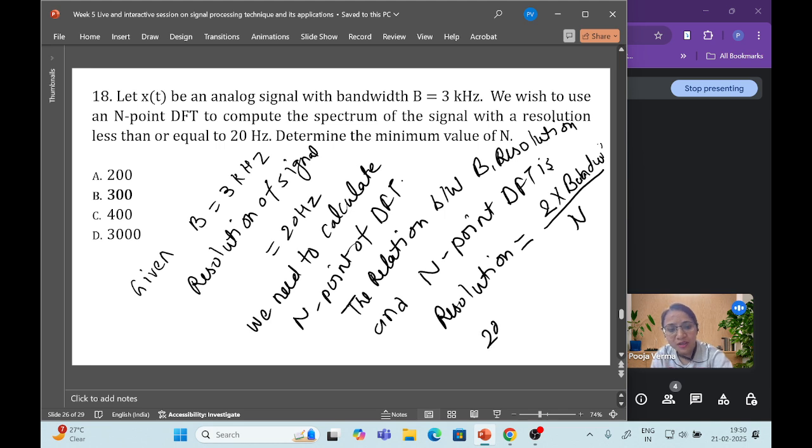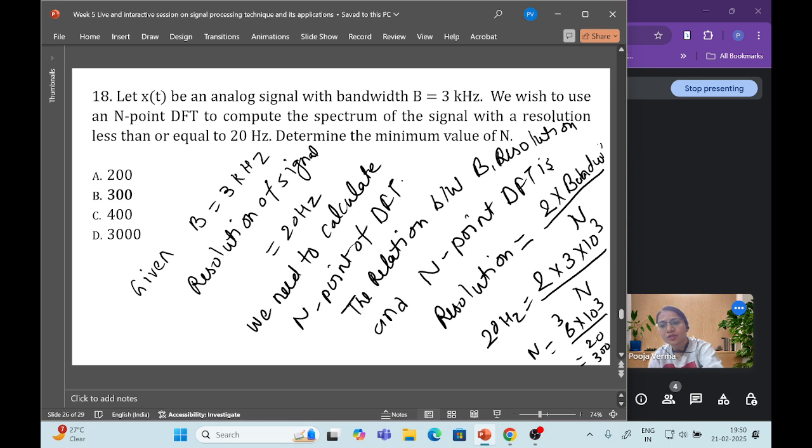So resolution is given as 20 hertz and bandwidth is 2 into 3 kilohertz, so 10 to the power 3, in hertz. From here you can directly calculate 6 into 10 to the power 3 divided by 20. Further, if you divide, you will get 300 only. So option B is correct. The minimum value of N will be 300.